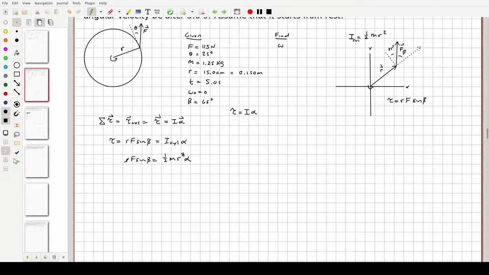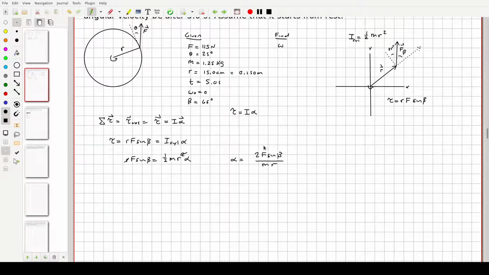So we're going to lose one r right there. Okay? And our angular acceleration here is going to be 2 times F sine of beta divided by mr. Okay? So now we can find our angular acceleration. It's just a number because we know everything here on the right-hand side.